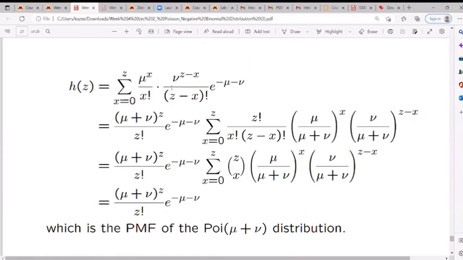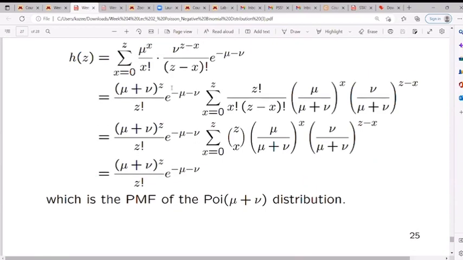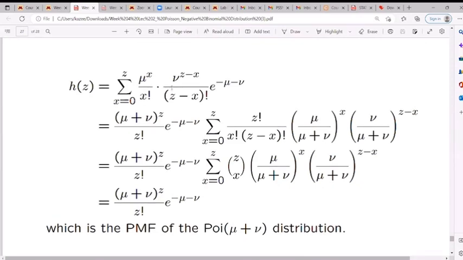What is very interesting here is that this is also a Poisson distribution, only that the parameter has changed.